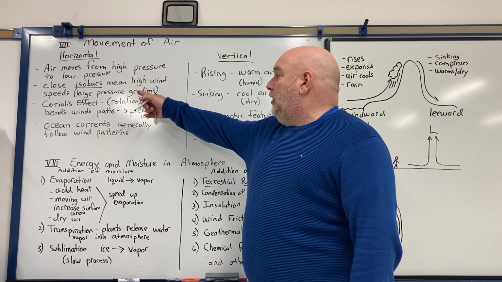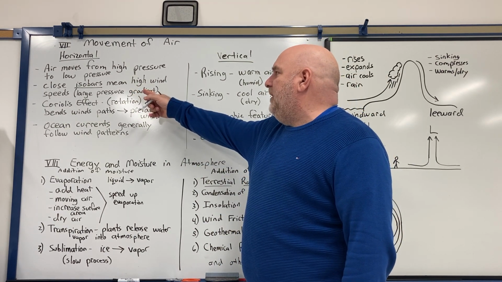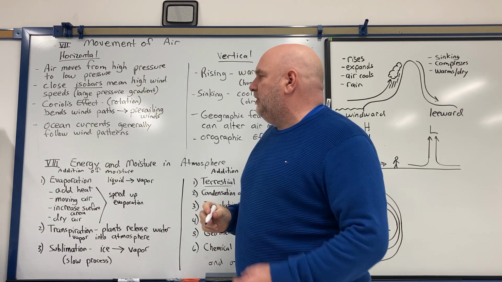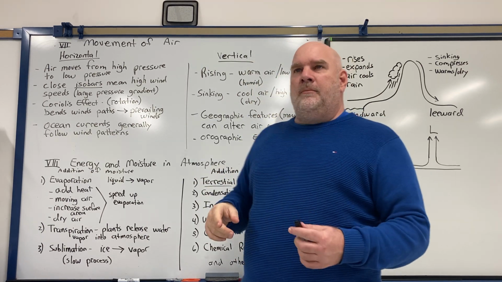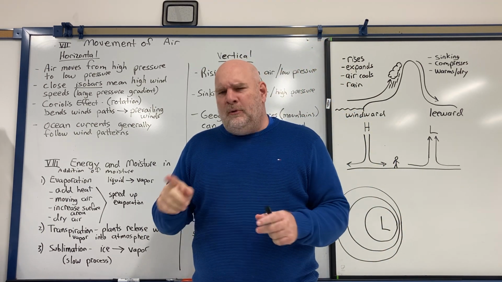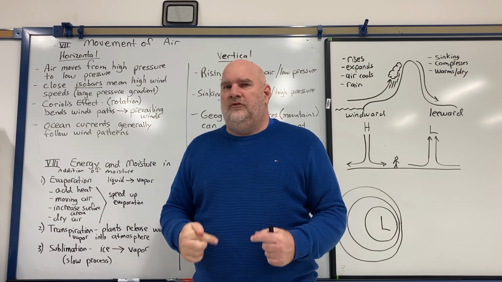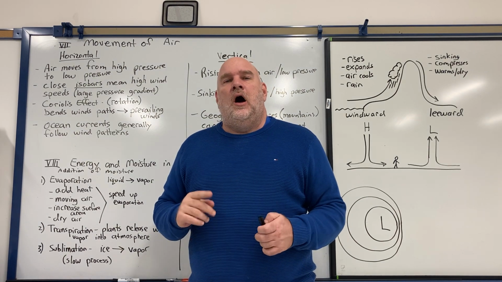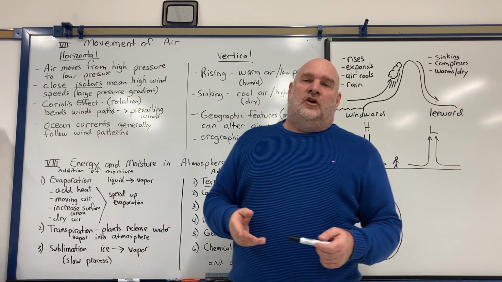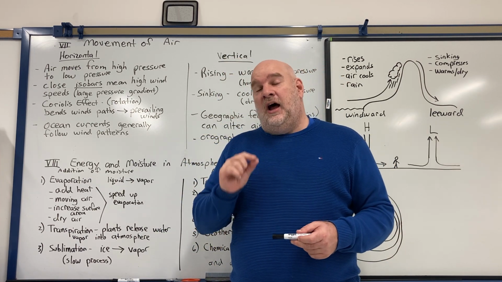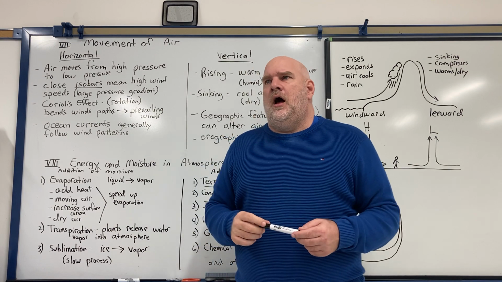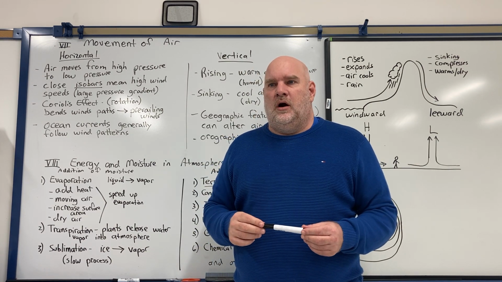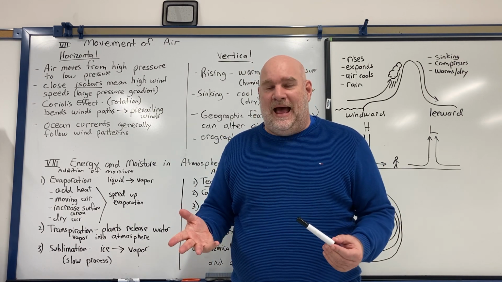Next, close isobars mean high wind speeds. They have a large pressure gradient. So remember what isolines are. Isolines are lines connecting points of equal value. Now, isoline is kind of like the generic term. There are specific types of isolines depending on what's on your map.